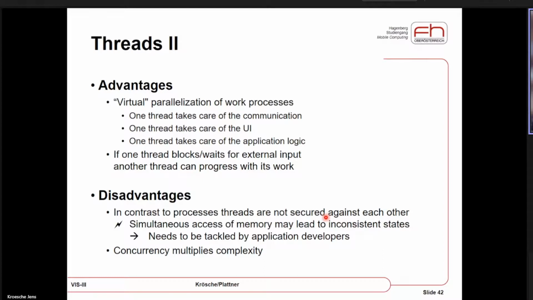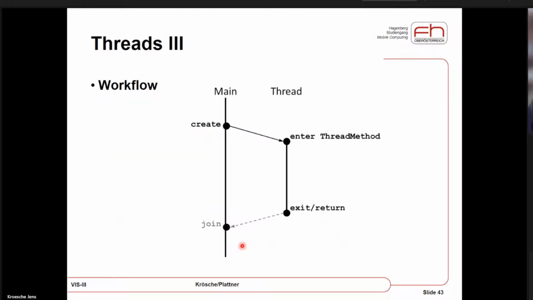And there can be many nasty problems waiting around the corner. And of course, concurrency multiplies complexity. Not only one control flow you have to keep in your mind and think about, realizing, okay, now the program should be here, the value should be that. That would be nice. And if it's not nice, then I have to rethink. And now suddenly you have 3, 4, 5 of these threads doing stuff simultaneously. And then you have to think about that as well.